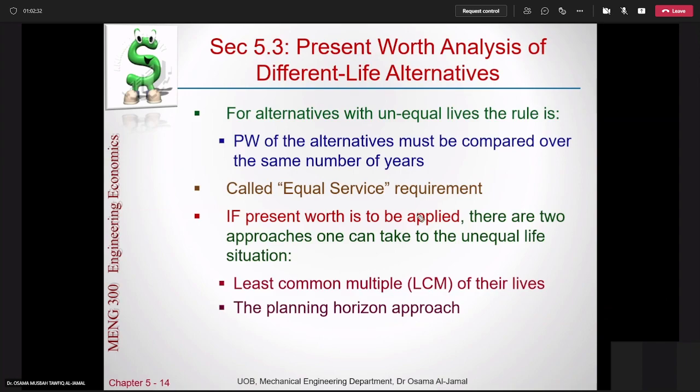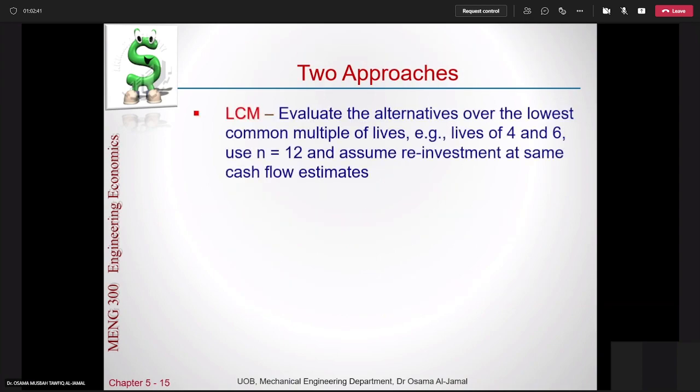Now let's concentrate on the first one, which is the LCM, to see what that LCM is, how to work with it, and if there is any trick or not. So there are 2 approaches. LCM: evaluate the alternatives over the lowest common multiple of lives, for example, 4 and 6.